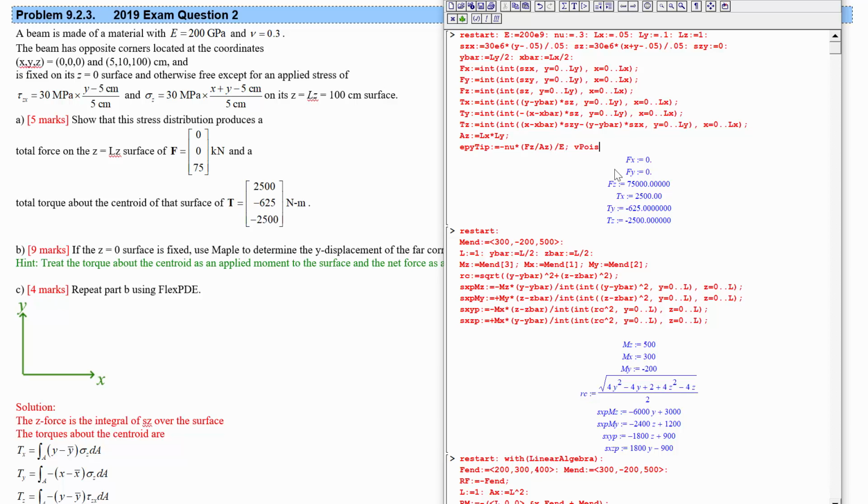Now, if we want to turn this into a displacement, V tip, maybe we'll call this V Poisson from the Poisson coupling at the tip, we will have epsilon y tip times the distance from the center. So the center is on average going to hold still if we've got that z equals 0 surface anchored, and the center of the z equals Lz surface is going to be a distance Ly minus y bar away.